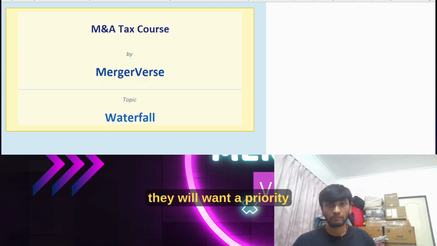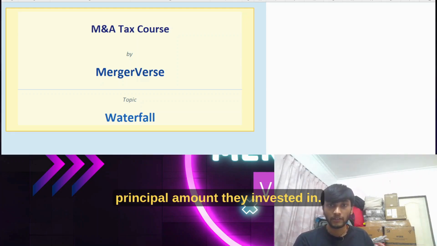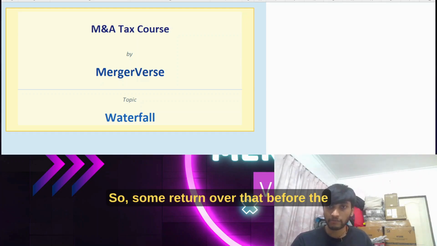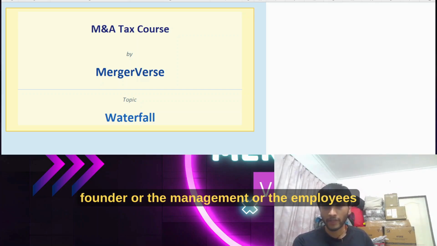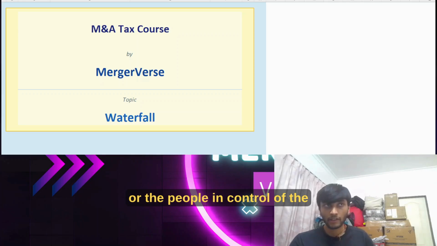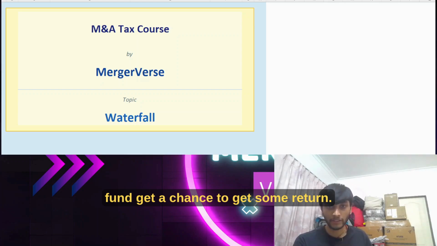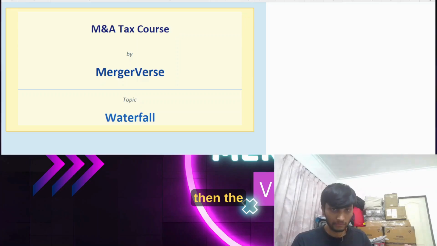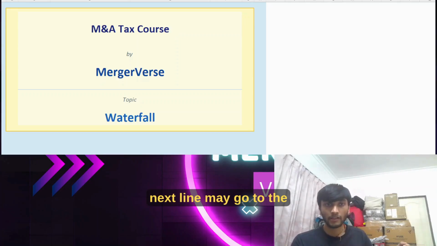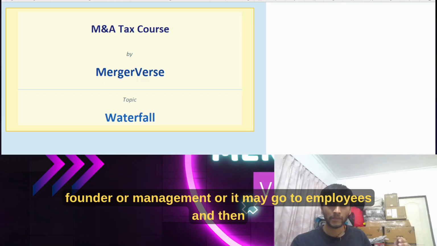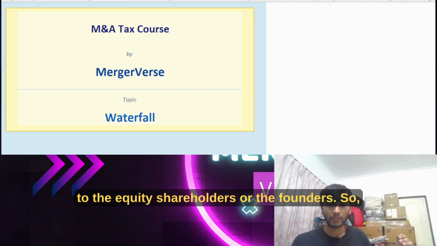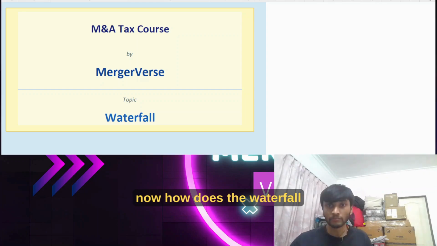They will want priority in the way that they get the principal amount they invested and some return over that before the founder, the management, the employees, or the people in control of the fund get a chance to get some return. Then once they get their return, the next line may go to the founder or management, or it may go to employees and then to the equity shareholders or the founder.